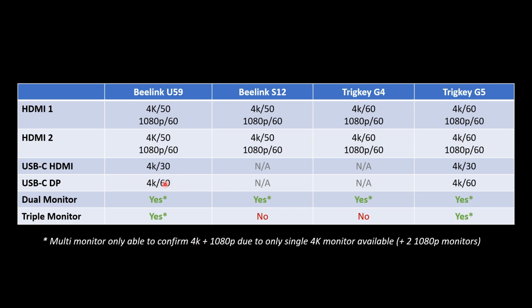But either way, 4K 50 on the Beelinks and 4K 60 on the G4 and G5 plus a 1080p 60 worked just fine. And in the case of the Beelink U59 and the Trigkey G5, those have that extra USB-C port which can act as a DisplayPort or HDMI port. And I was able to do triple monitor, no problem with that. I was able to do 4K 60 out of the USB-C on those, and then 1080p 60 out of both the HDMI all simultaneously.